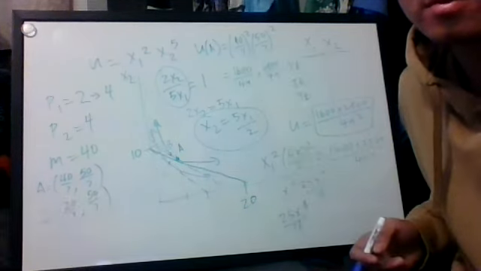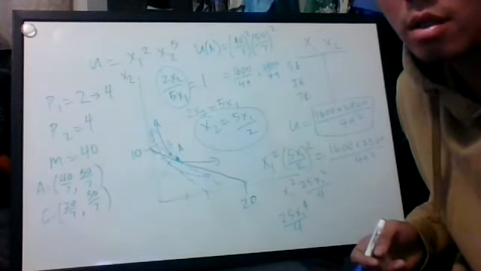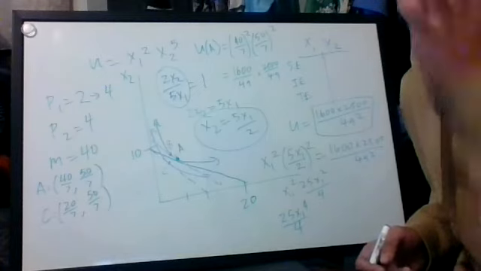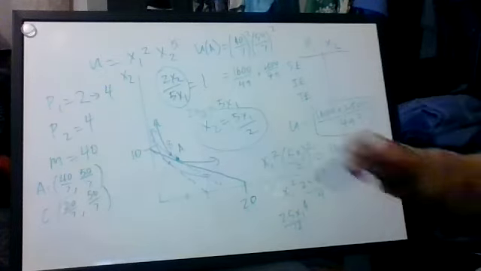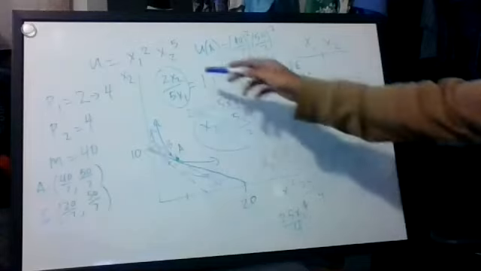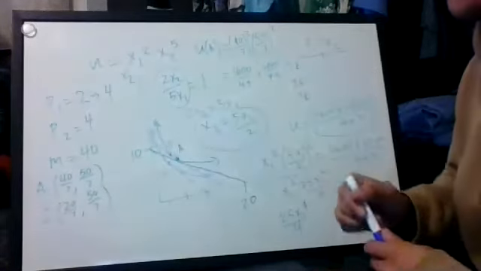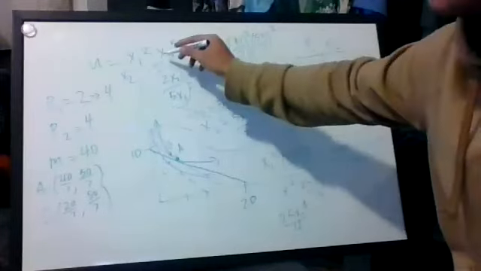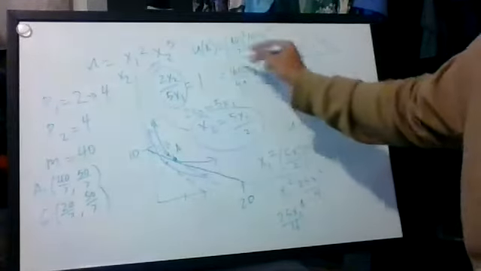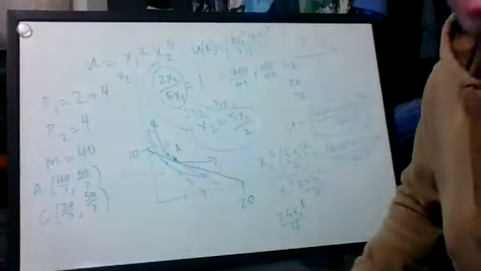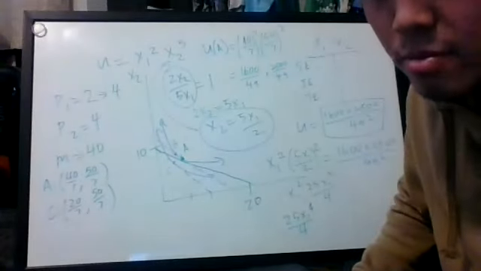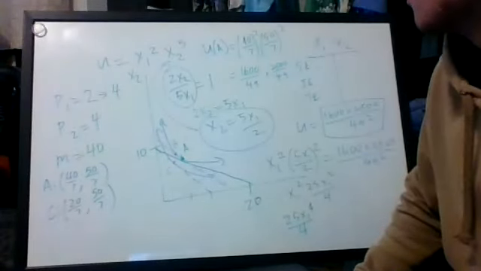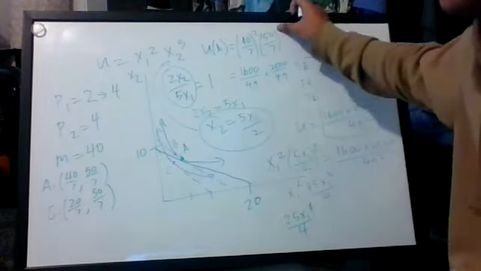For point B, where did you plug in the 5x1 over 2? The 5x1 over 2 gets plugged into the utility function right here, because we know what this is equal to. It's equal to whatever this whole mess is. Oh yeah, whoops.